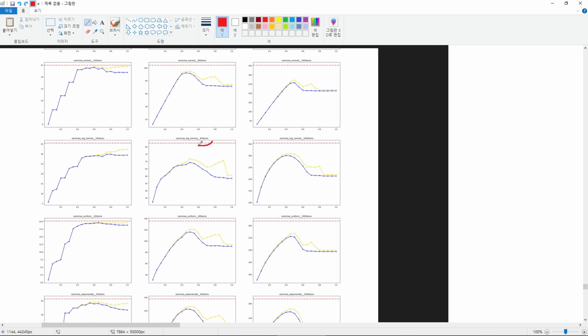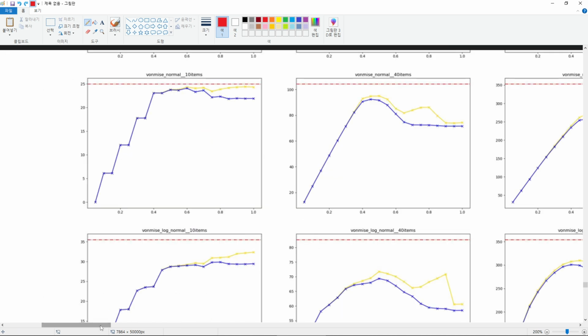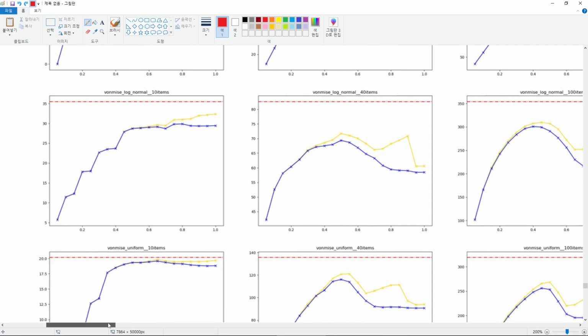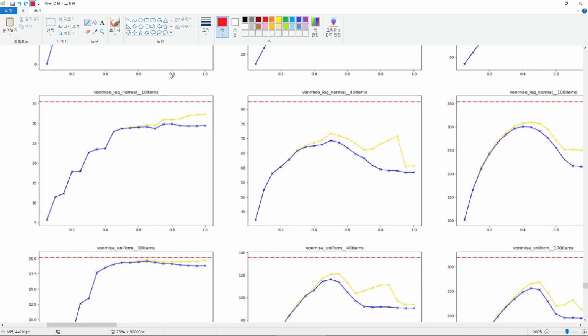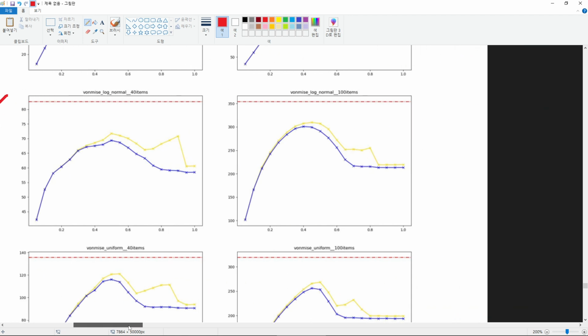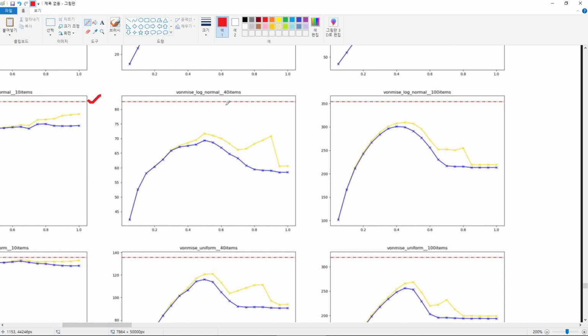as the number of items increases from 10 to 40 and from 40 to 100, the relative size of the blue line, or even the gold line, the peak level and the plateau level, are closer to the total sum of utility values when we have 10 items than when we have 40 items.